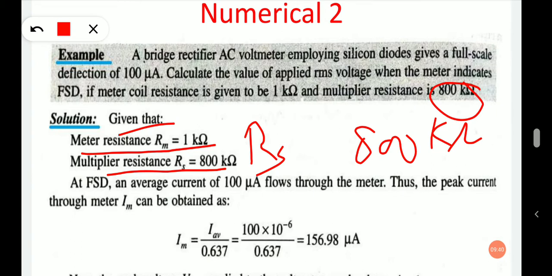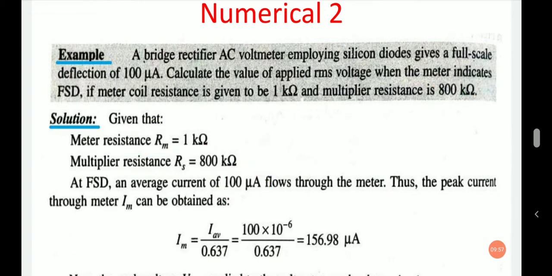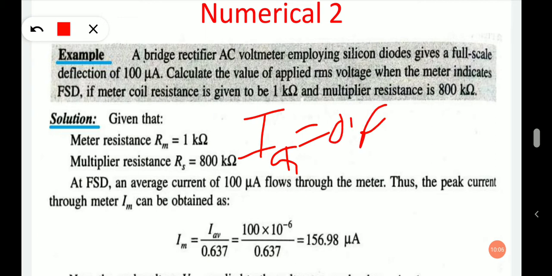At full scale deflection, average current of 100 microampere flows through the meter. Thus, peak current through the meter, that is Im, can be obtained as, like the previous numerical, we know the expression for average value, that is 0.637 into Im, the peak value.